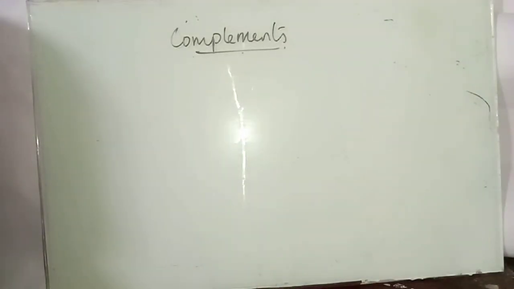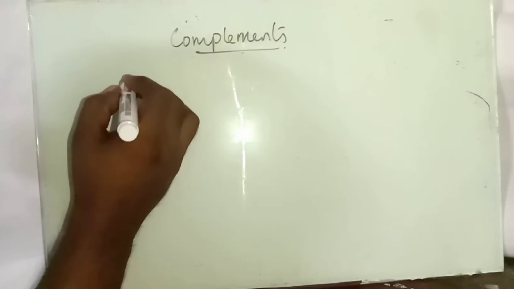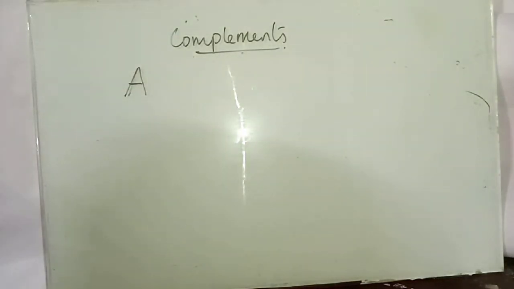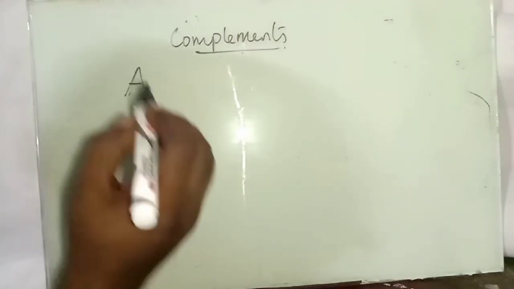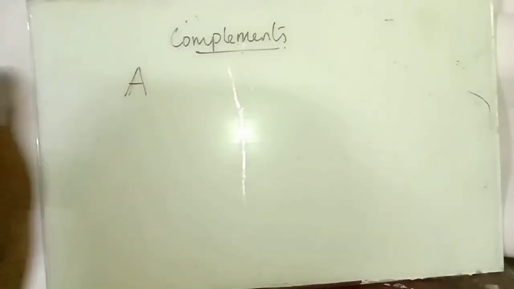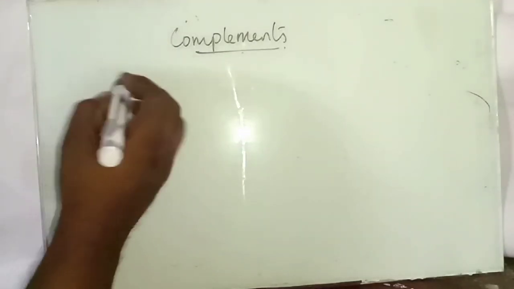Complements. The complement of a set is the set of all elements which are in the universal set but not in the given set. For example, complement of A. Suppose A is a set. Then the complement of A contains all the elements of the universal set which are not in A. You may get confused, let me show you.